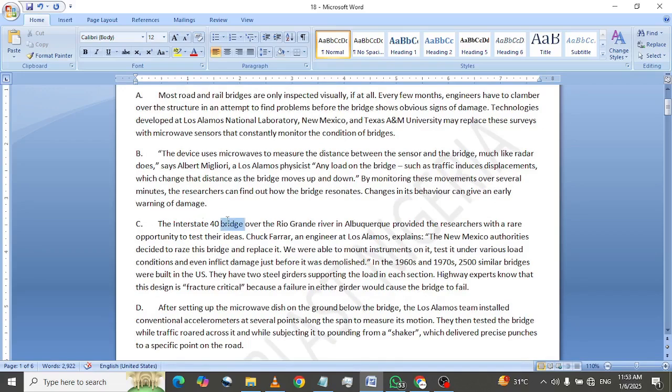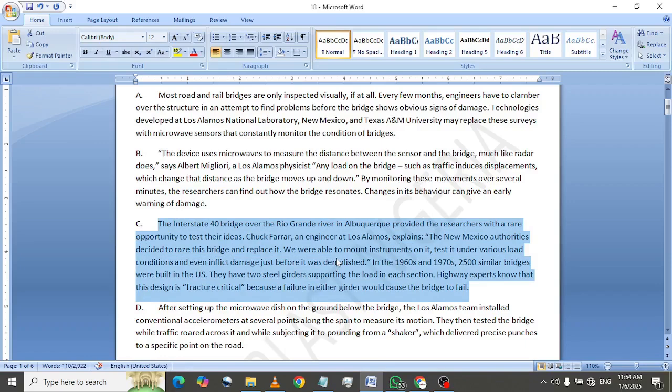Okay, we have bridges here. Let's see whether we see anything relating to test. Okay, we have researcher here. Oh, we have test here. So what does it mean? It means that we have to read everything in this paragraph, because the answers are not found in one particular sentence.